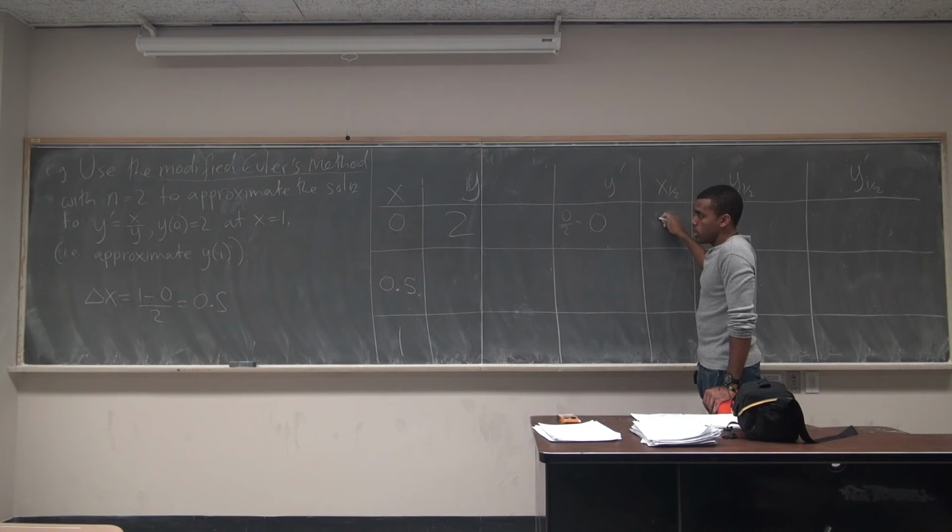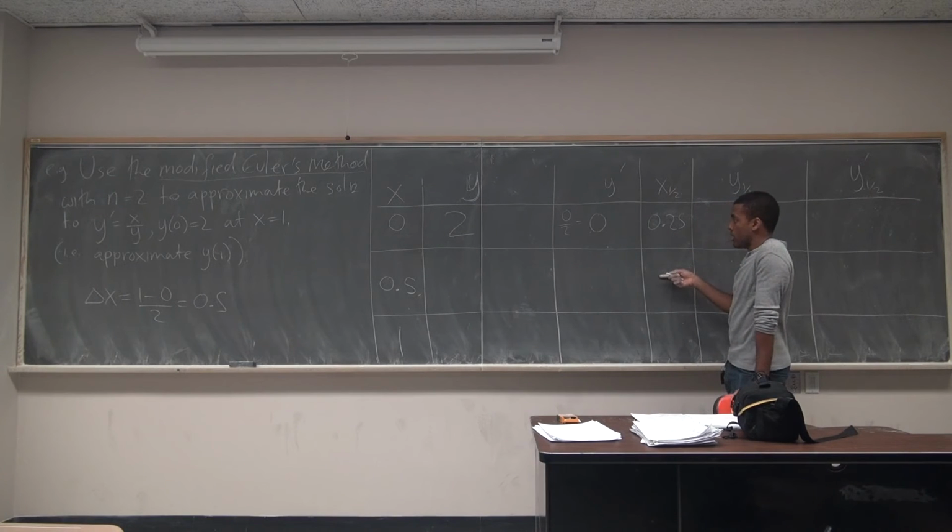Now what's your x half? Your delta x is 0.5, which means your x half is 0.25. You're always adding half the delta x. And then what would the next one be? We can actually figure out the x's right away: 0.75.